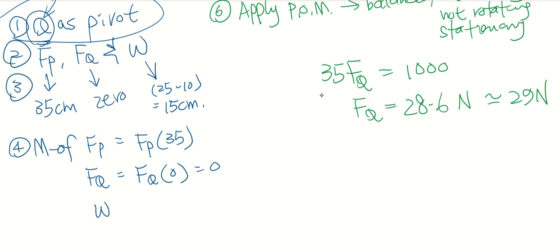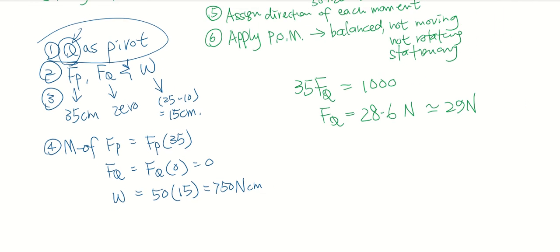For W, there's a slight change. It is now 50 Newton multiplied by 15 cm because now it's Q as the pivot. So I have 750 Newton cm.